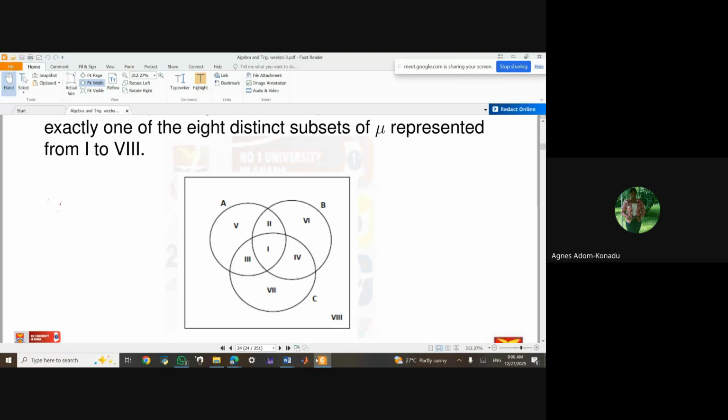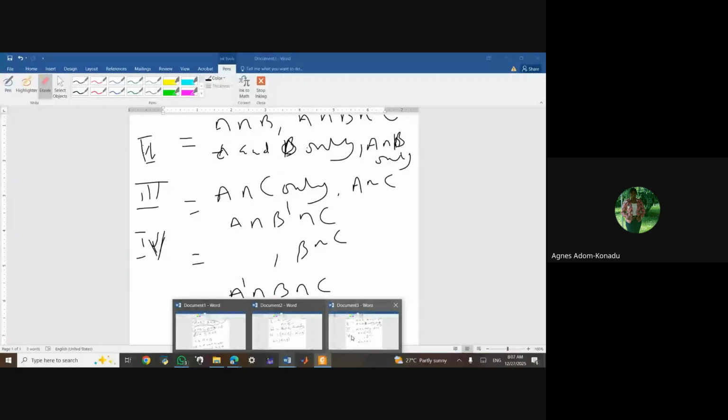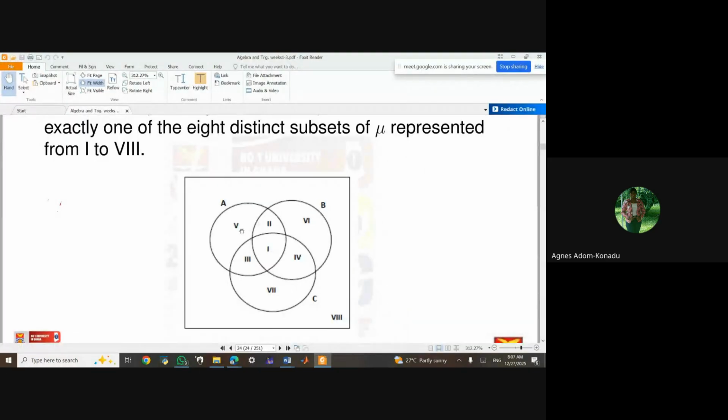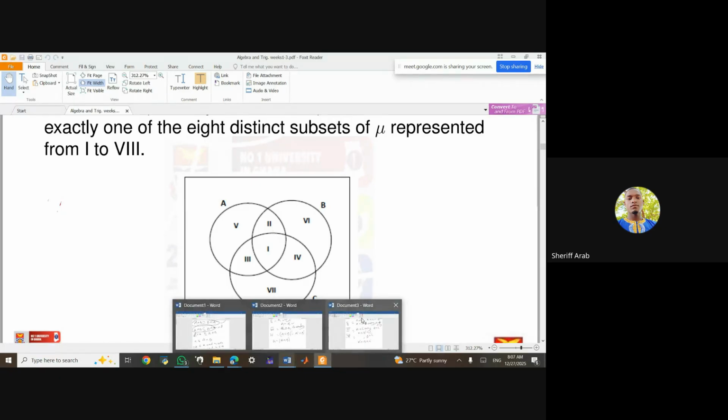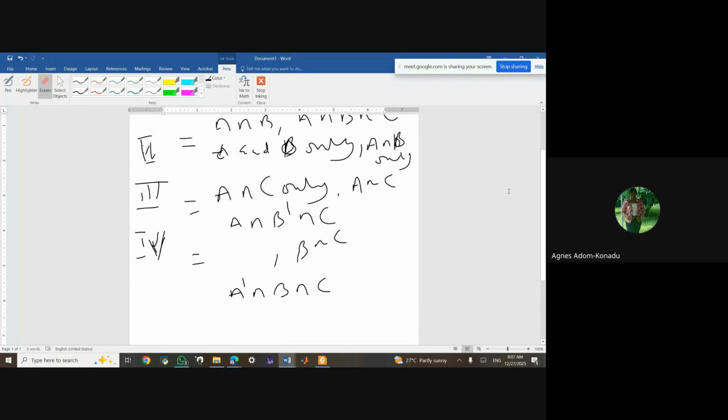But the second one, you are saying A intersection B. Let's look at A intersection B. A intersection B is the circle A and then the circle B. So is that A intersection B? No, madam. So we cannot take A intersection B.